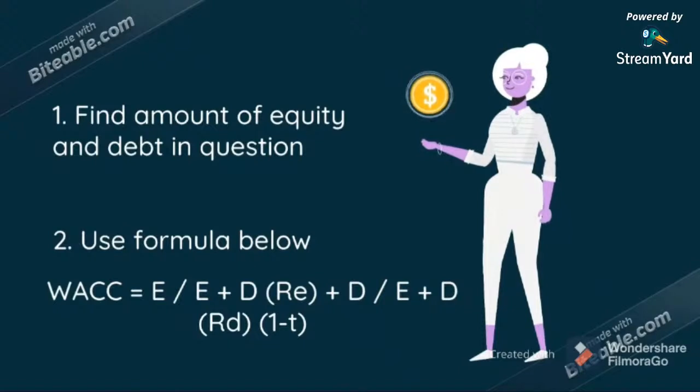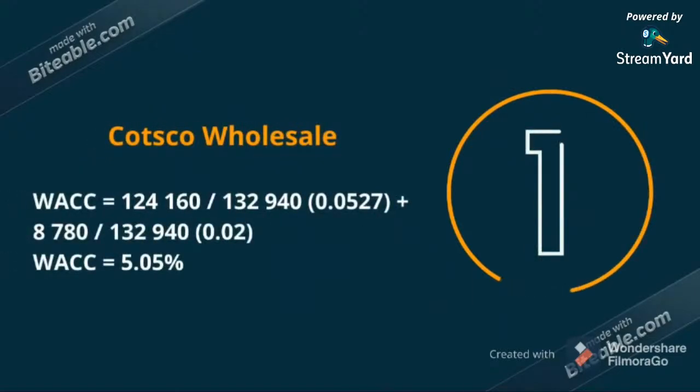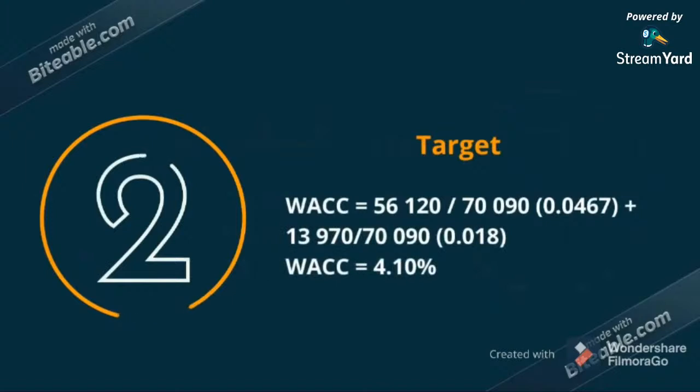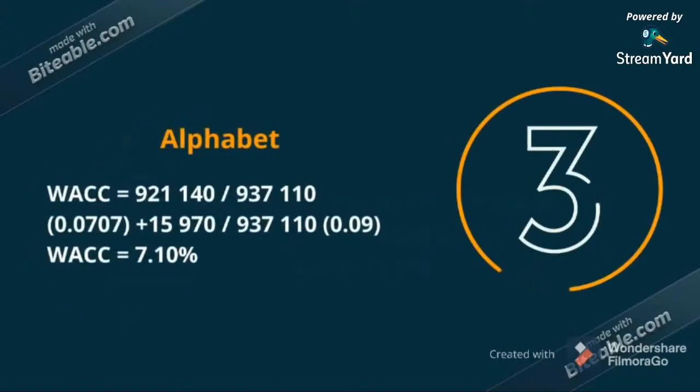So we are going to look first at the first competitor, which is Costco Wholesale. WACC for Costco Wholesale is 5.05%. Next is Target. WACC for Target is 4.10%. Third is Alphabet. The answer for WACC Alphabet is 7.10%.